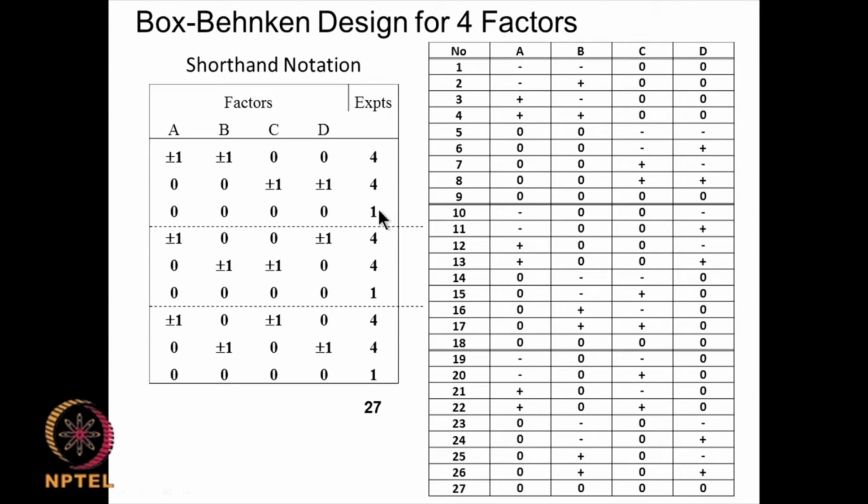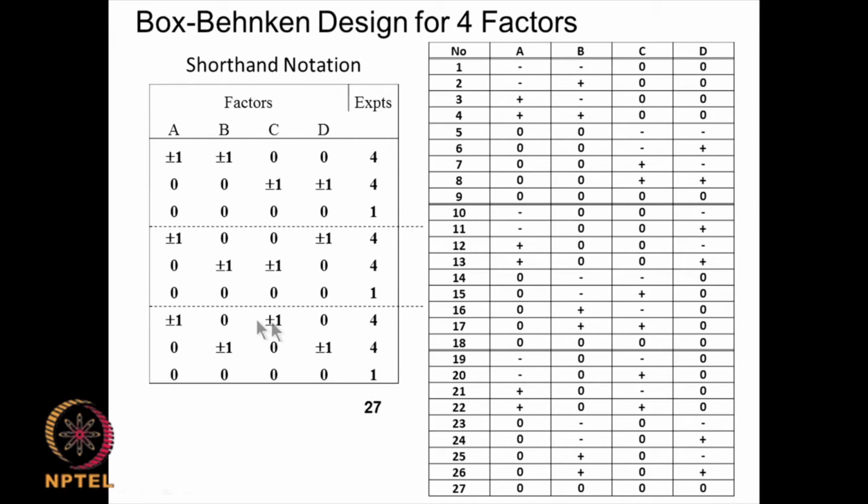Then we do A and D at plus or minus, B and C at 0, that is 4 experiments, and then B and C at plus or minus, with A and D maintained at 0, that is 4 experiments, and then 1 central point. Then we do A at plus or minus, C at plus or minus, that comes to 4 experiments, then B at plus or minus, D at plus or minus, that comes to 4 experiments, and again another center point, that is 1 experiment. So they all add up to 27.